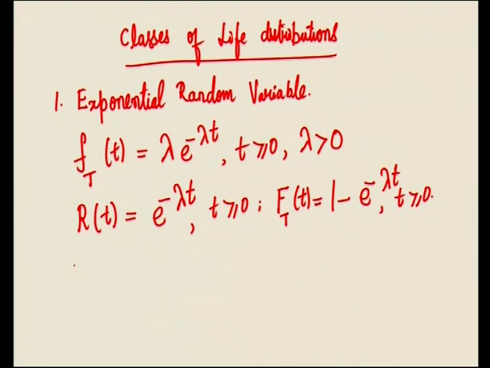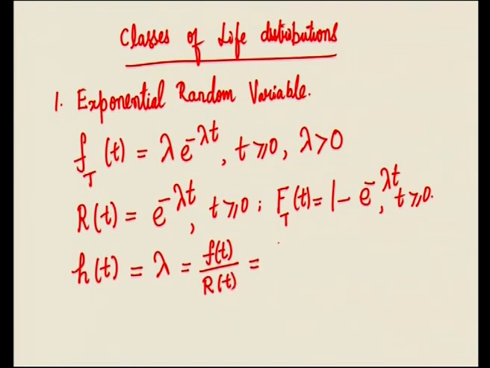Now you have the PDF, the CDF and the reliability function. Now we can write the failure rate function h of t, or the hazard rate function, as lambda. How do you get it? By definition we know that h of t is equal to f of t by capital R of t.